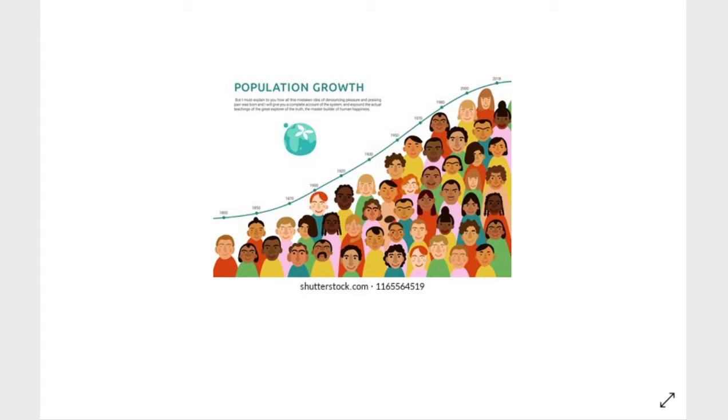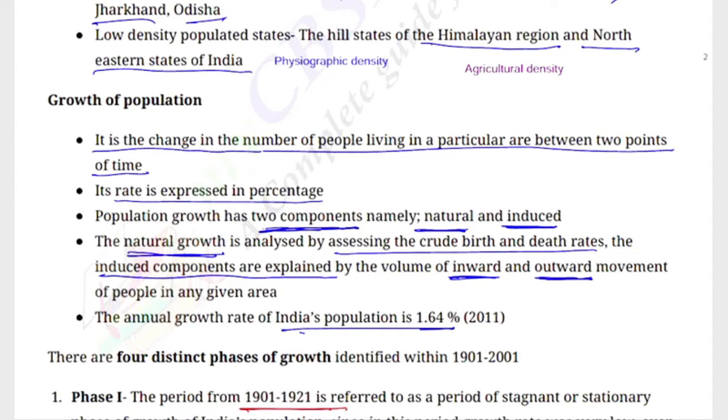As you can see in this picture, the increasing number of people between two points of time, from one year to another year, in a particular period, that is called the growth rate, and it is the change in the number of people. Suppose 5 years ago there were 1 lakh people living, and after 10 years it has become 1,20,000, which means there is a growth of 20,000 people.